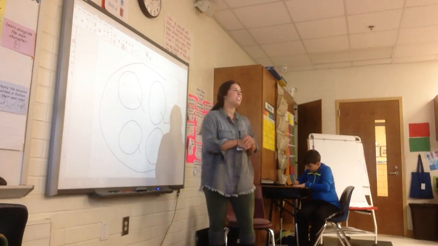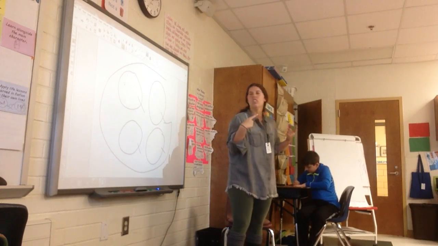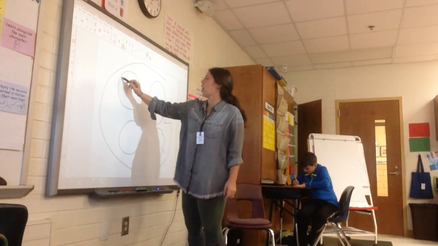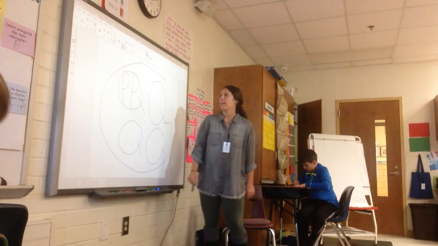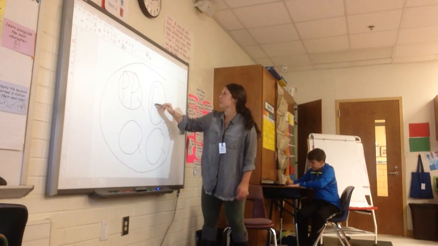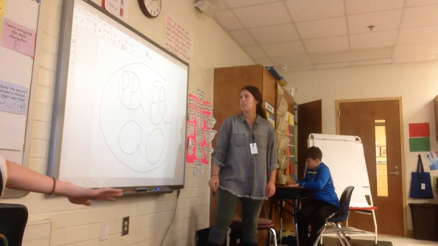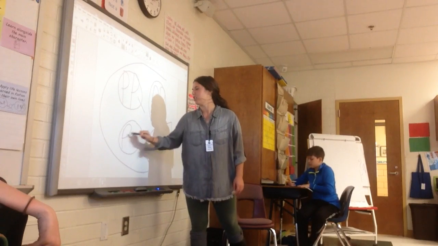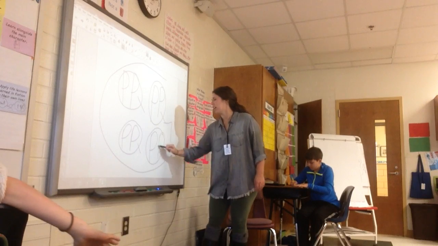How many pints, though, raise your hand, are in a quart, Logan? 2. There are 2 pints. So in each Q, I'm going to draw 2 P's, because the 2 P's stand for what? Pint. Yes, because there are 2 pints in a quart.